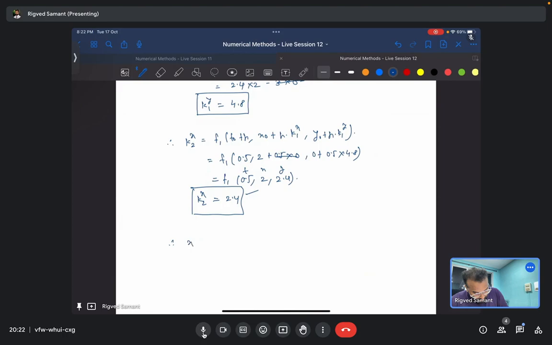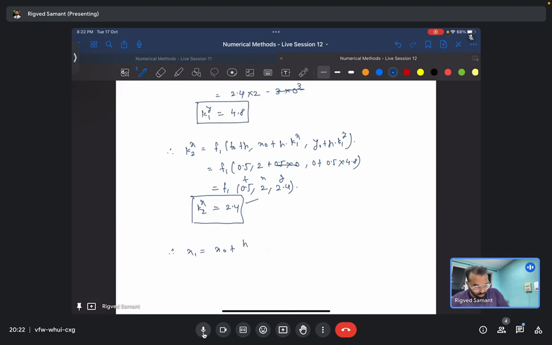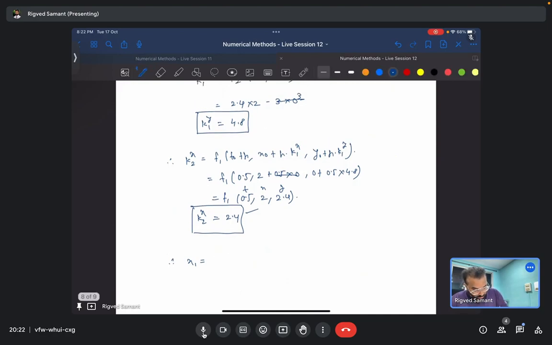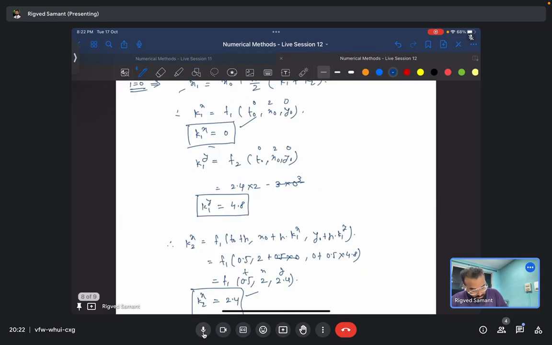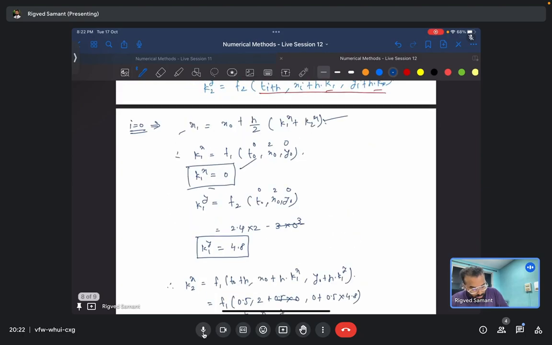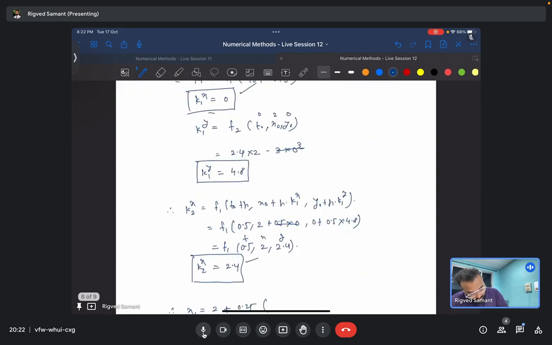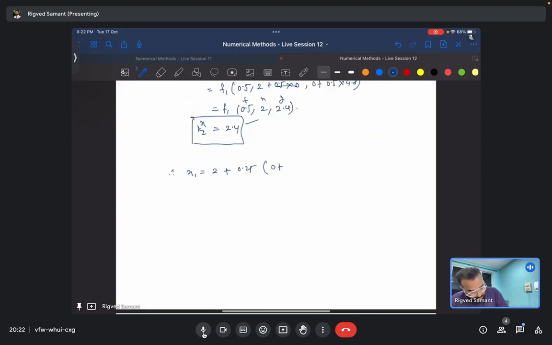Therefore, x1 is equal to x0 plus h by 2, that is 0.5 by 2. x0 is 2, right? So 2 plus 0.25 into (k1x plus k2x). k1x is 0, k2x is 2.4.